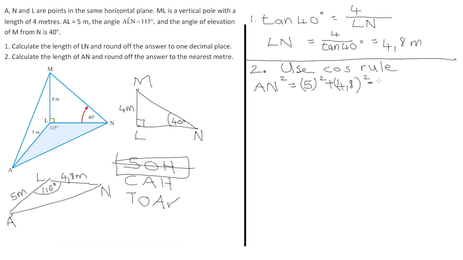minus 2 times the product of those 2 sides, and then cos of that 115 degrees. So you can see we have used everything: that side squared plus this side squared minus 2 times the product of the sides and cos of that angle.